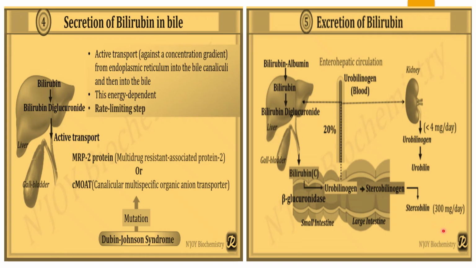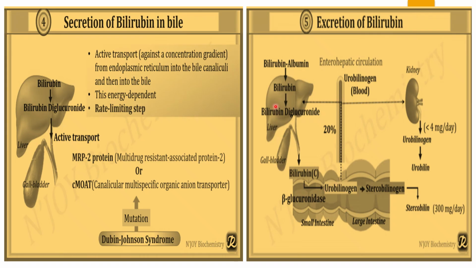Nearly 300 milligrams per day of stercobilin is excreted via feces. Nearly 10 to 20% of urobilinogen reverts back to the blood, and some of it returns back to the liver, and this is through enterohepatic circulation. This is known as enterohepatic circulation, because from the intestine back into the liver there is a sort of cycle being generated.